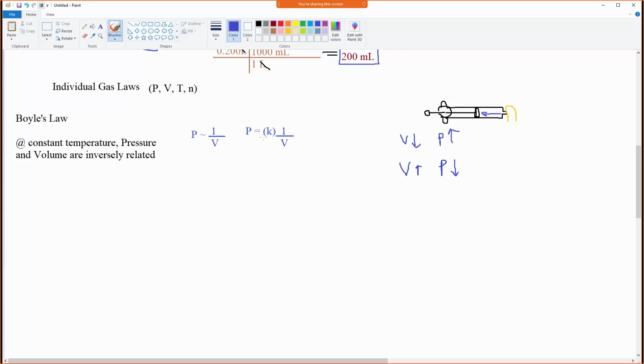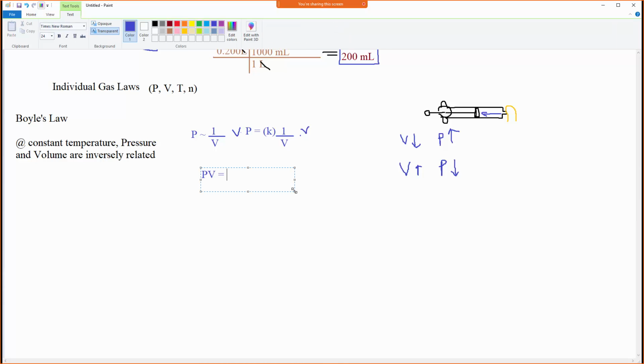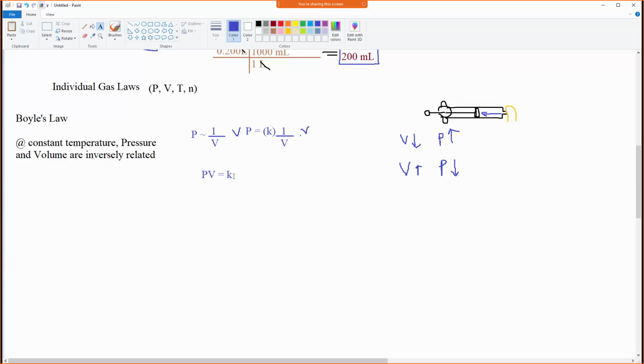The next thing that we do with this equation is, now that they're equal, we're going to move the V over, multiply both sides by V, and you get this one. PV is equal to some constant K. Pressure and volume are always constant.